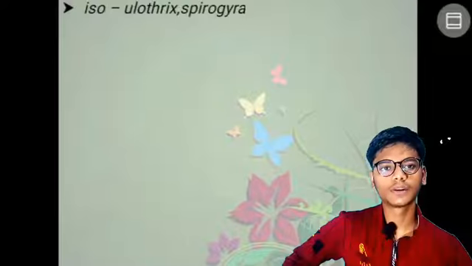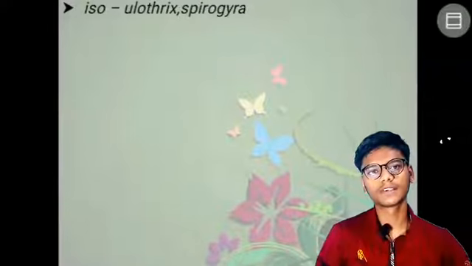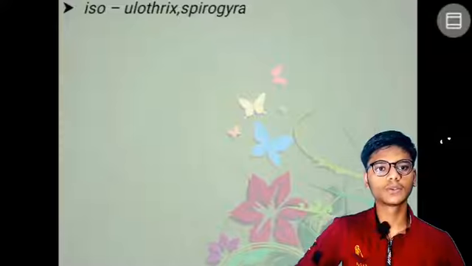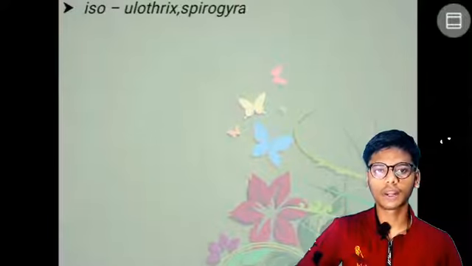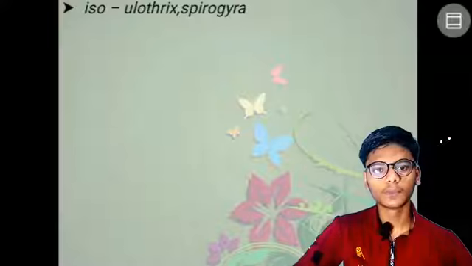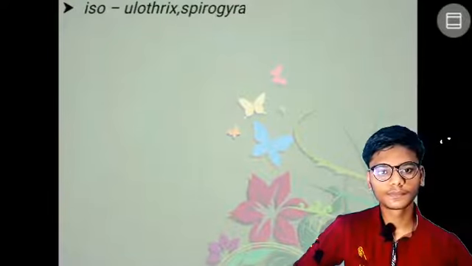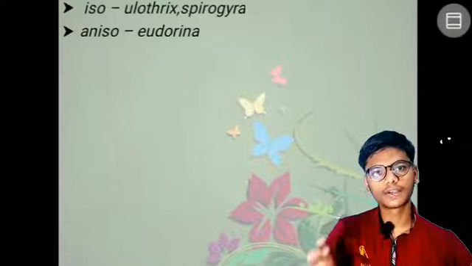In sexual reproduction, isogamous. Isogamous means same body, same structure. In iso, male and female gametes are of similar size and non-motile. They don't have any flagella. And aniso means different types.